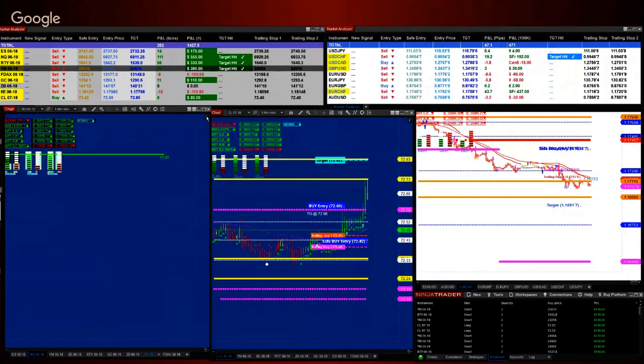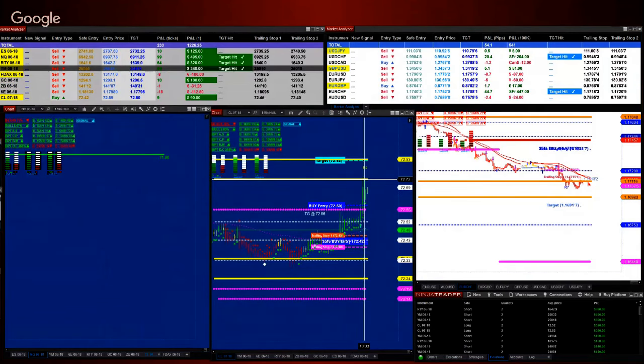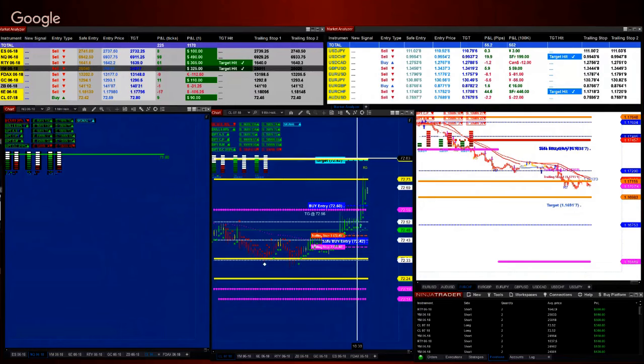If you don't know the system why, it is very easy. If we notice, we have those two yellow lines. I don't know why NinjaTrader is doing this to me today, it's been flashing like this, but it will come out. If we notice in the middle of the chart, on the CL 1 minute, we have the fib line at 72.73. The target is 72.83, where most likely you will hit the target.